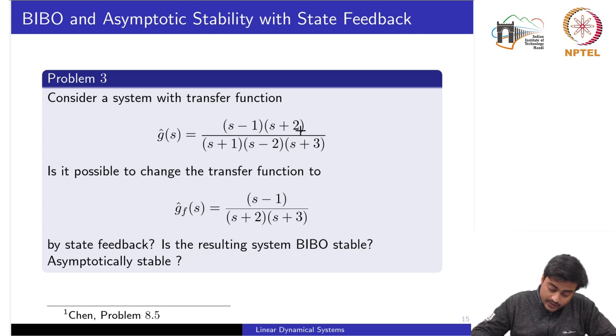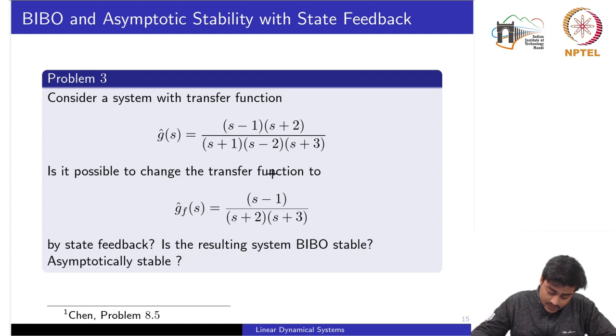But here you would notice readily that one of the zeros, located at -2, is not available in the closed loop transfer function. This aspect we said we would discuss next week when we discuss more about observability.